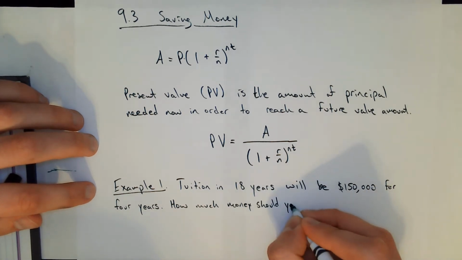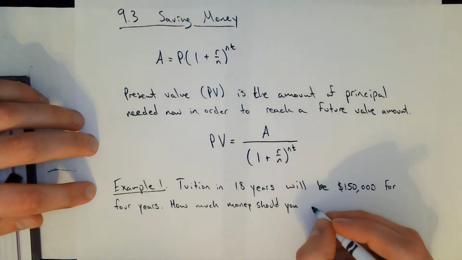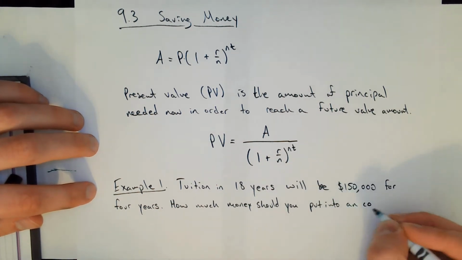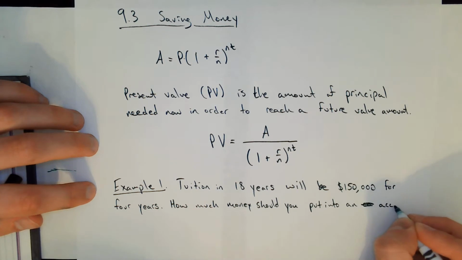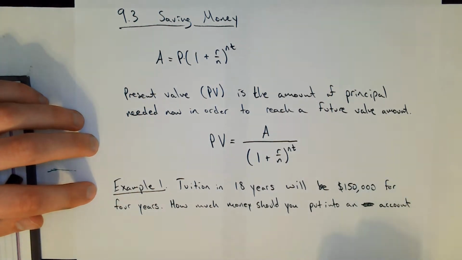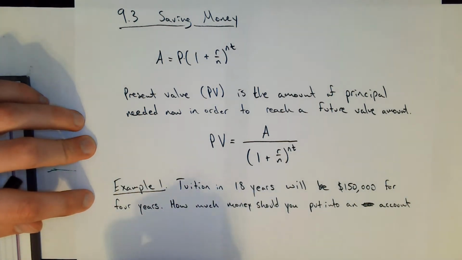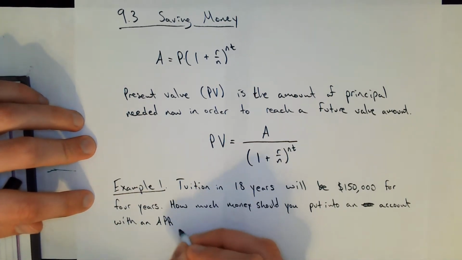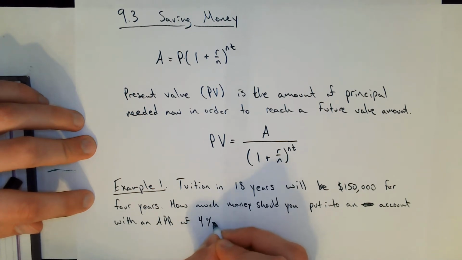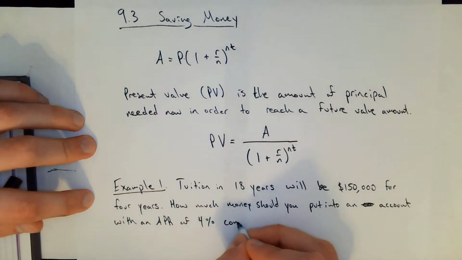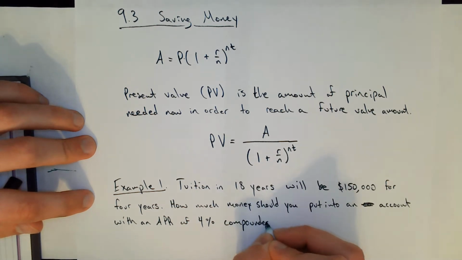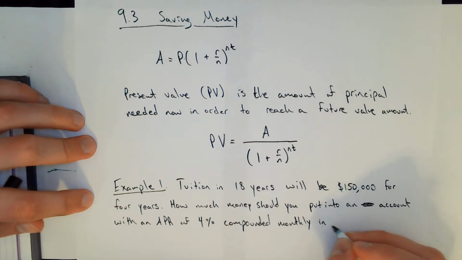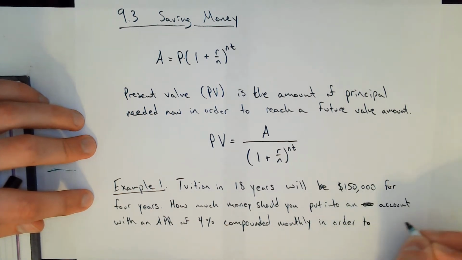should you put into an account? Okay, an account with an APR of 4% compounded monthly in order to have how much?